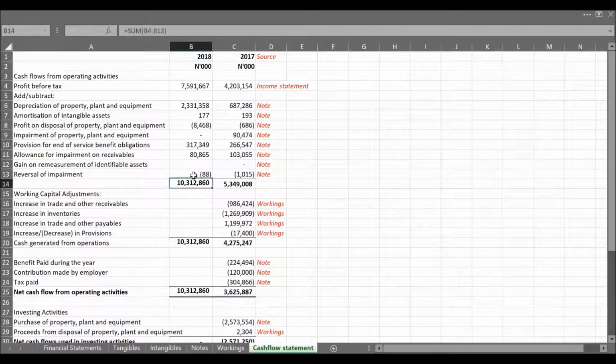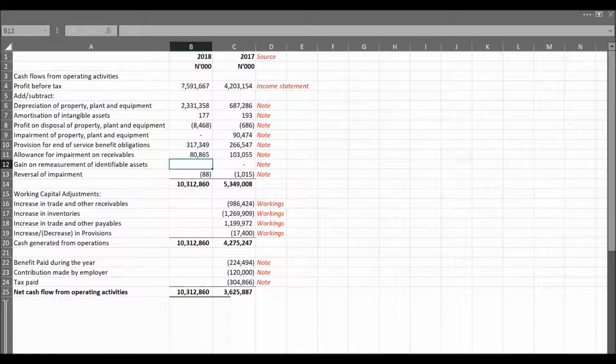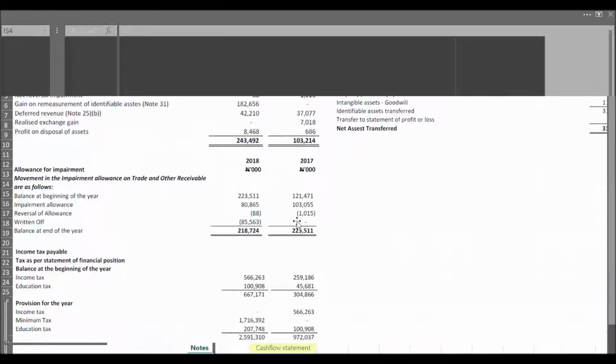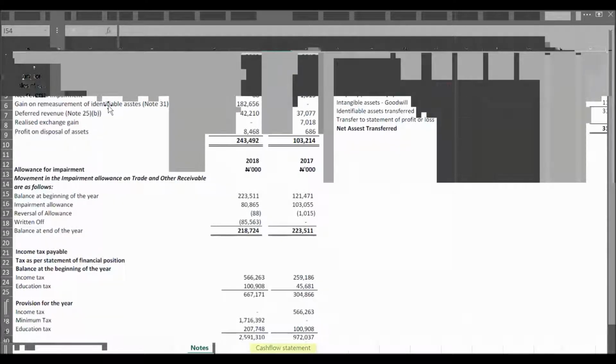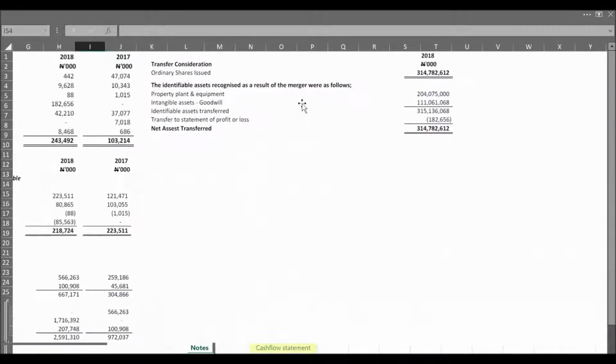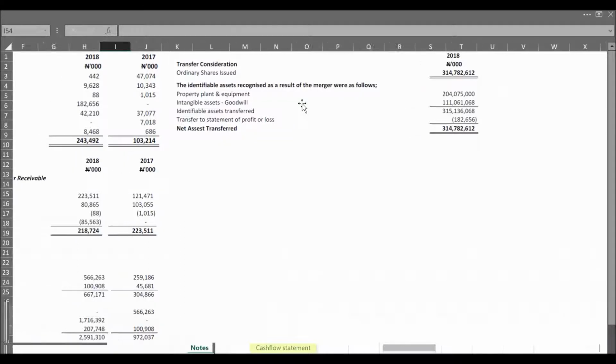Okay, so the last one under adjustments is the gain on remeasurement of identifiable assets. So we come to other income in the notes to get the information. These are other income: gain on remeasurement of identifiable assets. This was a result of an acquisition or a merger, and the fixed assets of the company that was merged with were revalued.